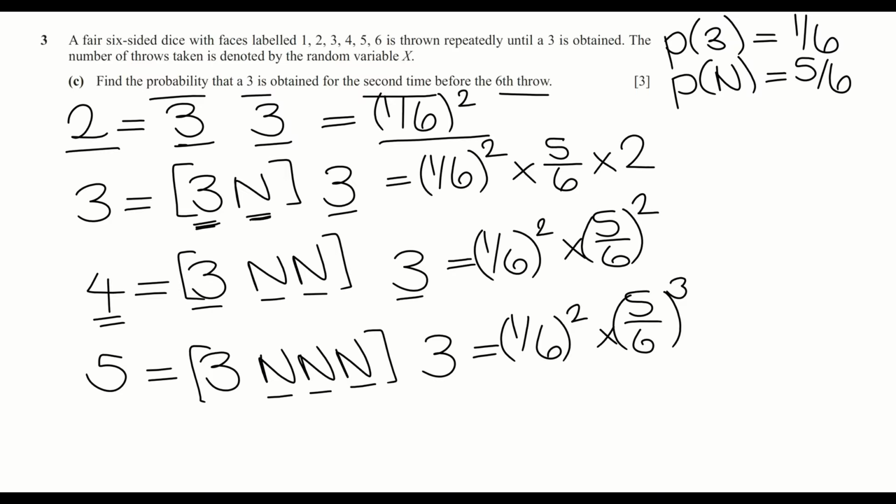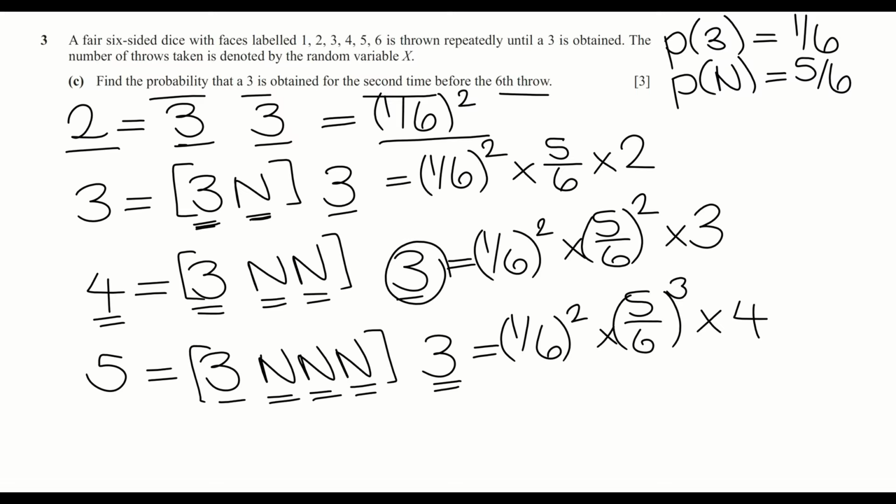Out of 4 throws, the second 3 is 4th, but in the first 3 throws, the 3 could be first, second, or third. So we need to multiply these values by 3. For 5 throws, the second 3 is fifth. That's not moving. But in the first 4 throws, the 3 could be first, or second, or third, or fourth. So we need to multiply this by 4. These are the different options that we have to work with.